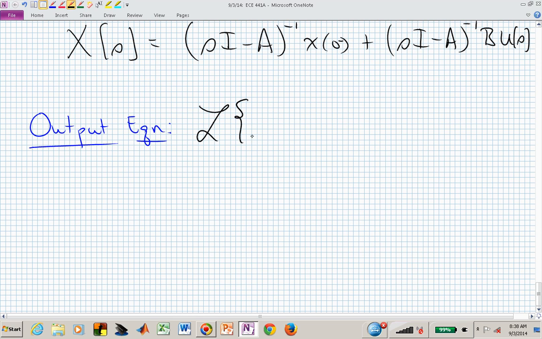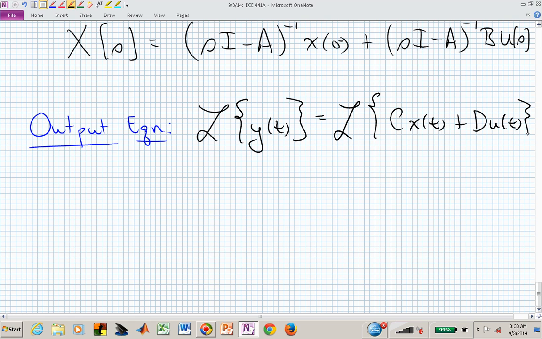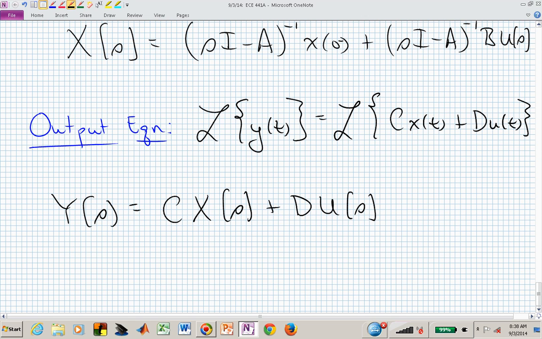Laplace transform of y of t is equal to the Laplace transform of Cx of t plus Du of t. But that simply says that we have Y of s is equal to C X of s plus D U of s. And that's now our output equation.